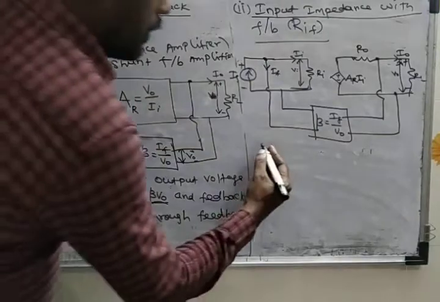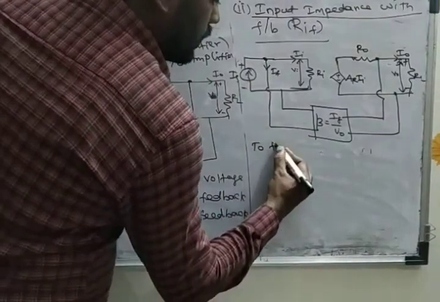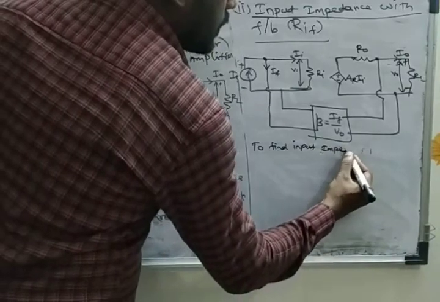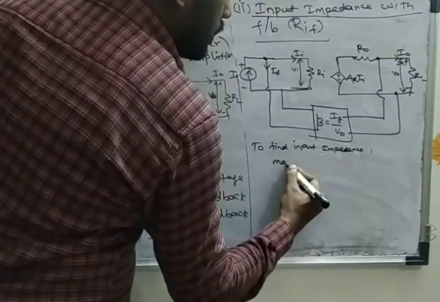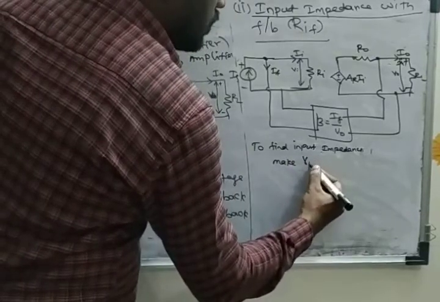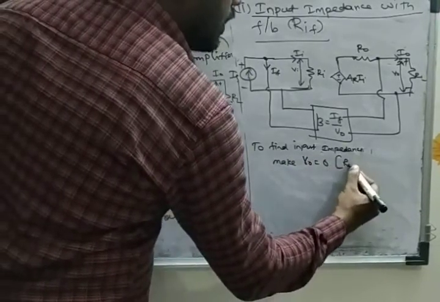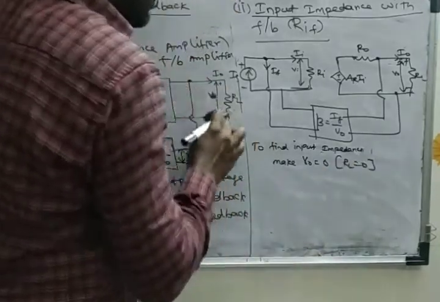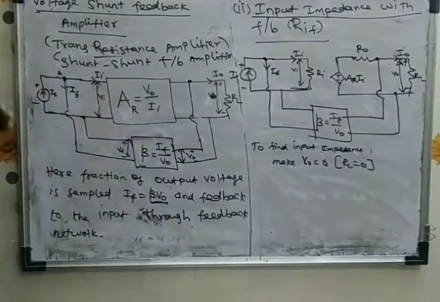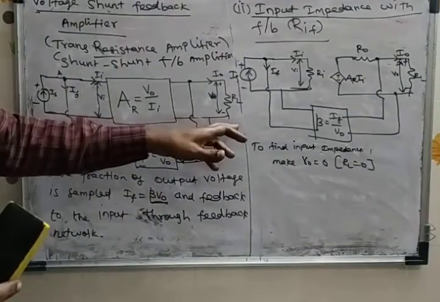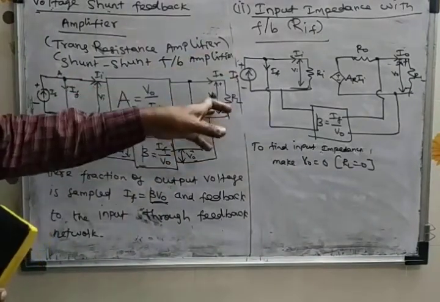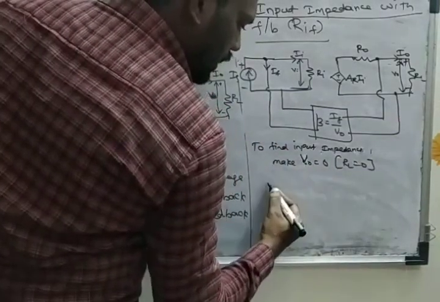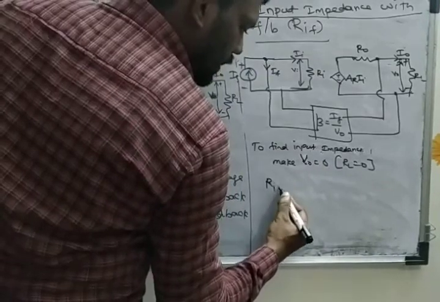So to find input impedance, make V naught 0 by making RL 0. RL 0 means short circuit the output, so you will get V naught equal to 0. And RIF.